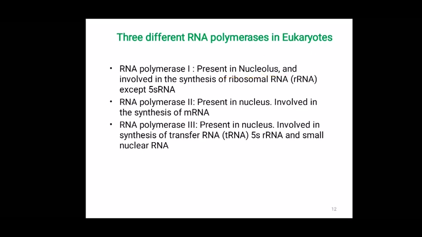Another enzyme, RNA polymerase 2, is the major enzyme and plays the major role in synthesizing messenger RNA, which is important for protein synthesis. The third enzyme is RNA polymerase 3. This is present in the nucleus. It is involved in the synthesis of transfer RNA, 5S rRNA molecules and some small nuclear RNA molecules.